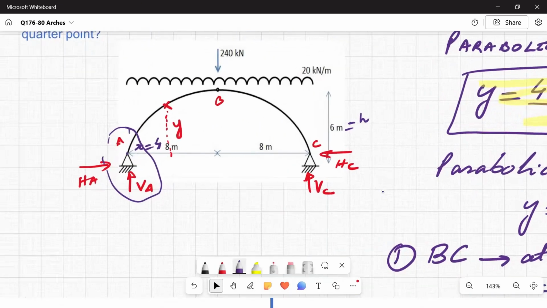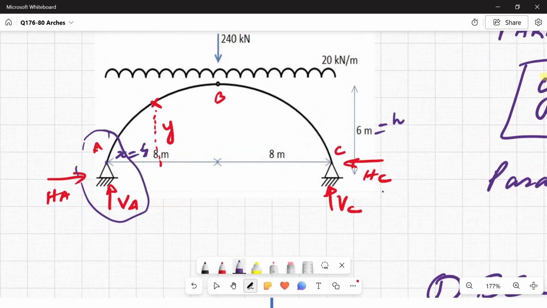So boundary condition at point B, I will have, again, y is equal to overall h. So at B, y will be equal to, this is the midpoint, so y will be equal to the total height, which is h, and x will be equal to L by 2.